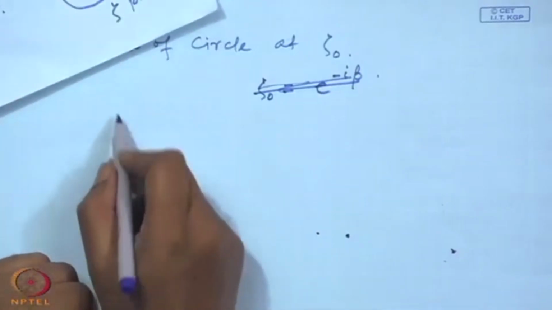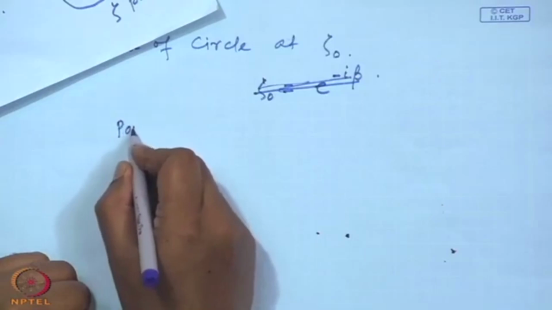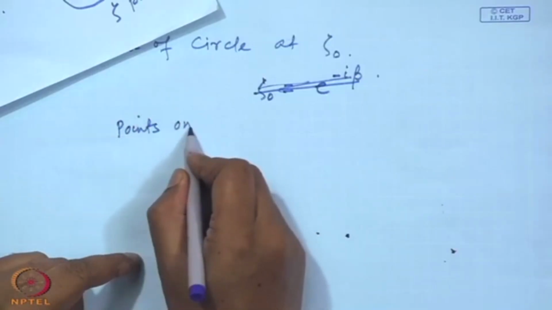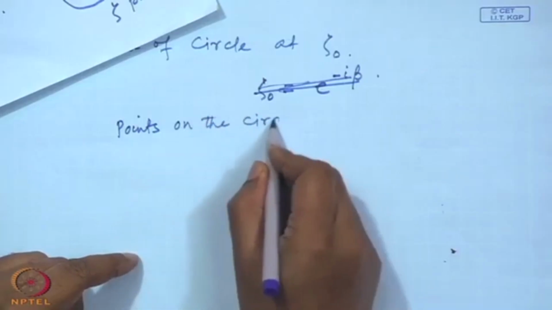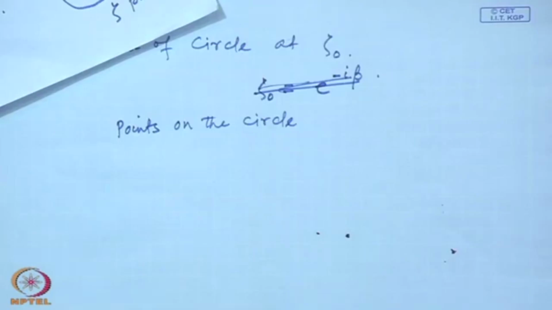The center of the circle is at zeta naught, then how are any points on the circle obtained? What is the equation of the circle? See, if the center coincides with the origin of the coordinate system, then it would have been zeta equal to r e to the power i theta.